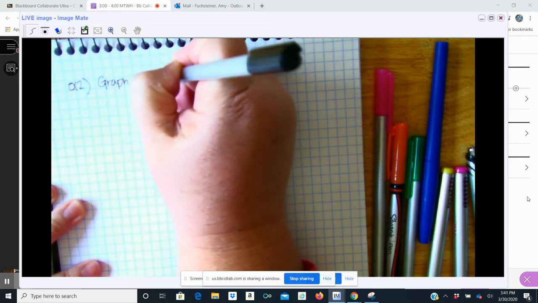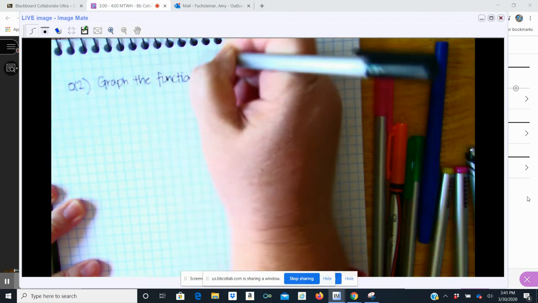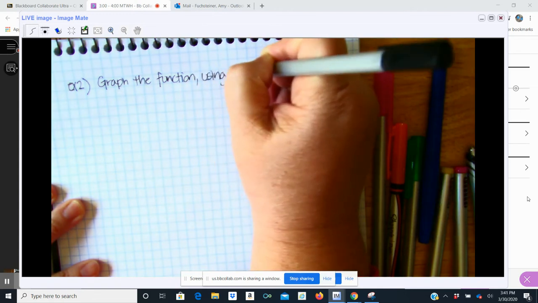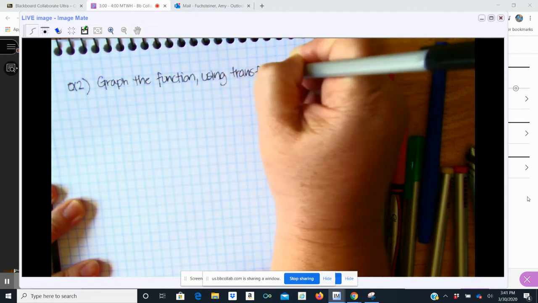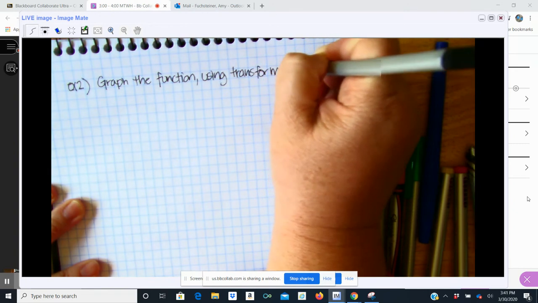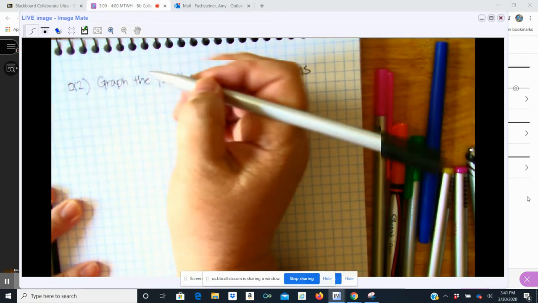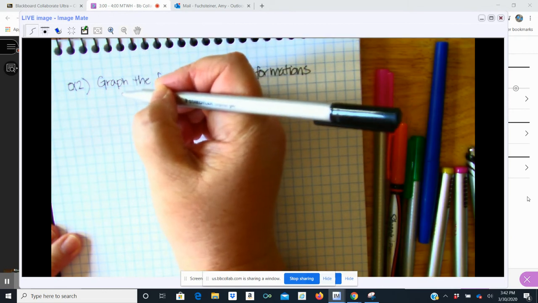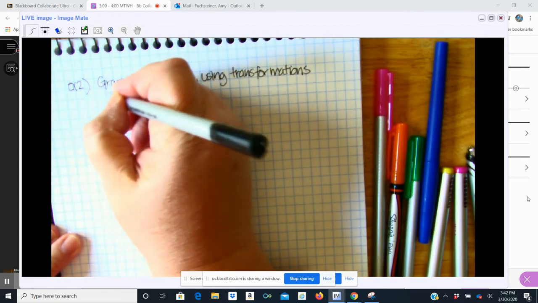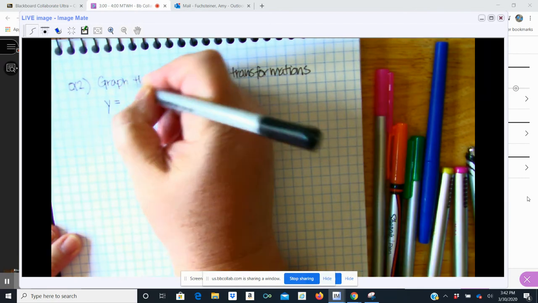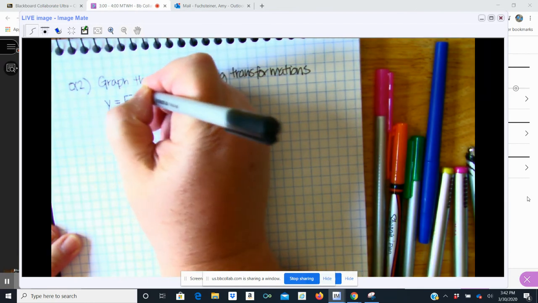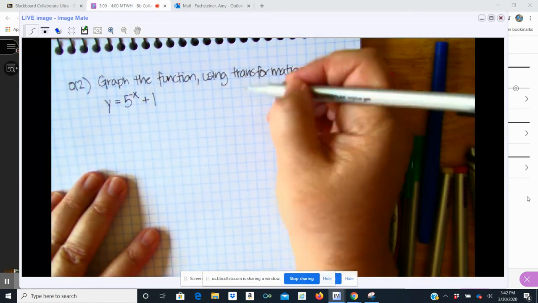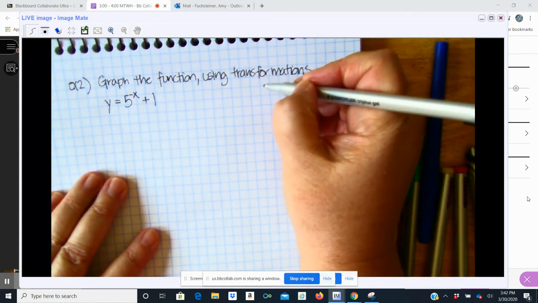All right, so now we're going to graph the function. We want to use transformations. All right. Let's try y is equal to 5 to the negative x plus 1. And then let's try another.